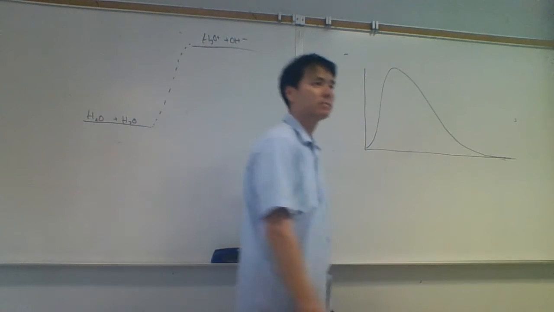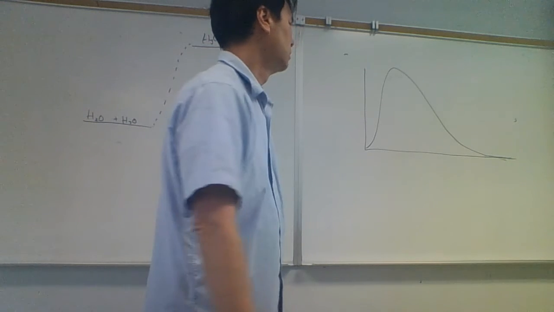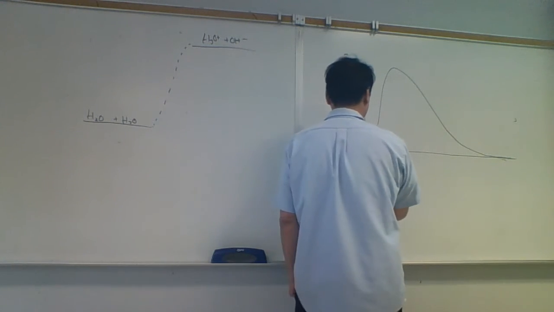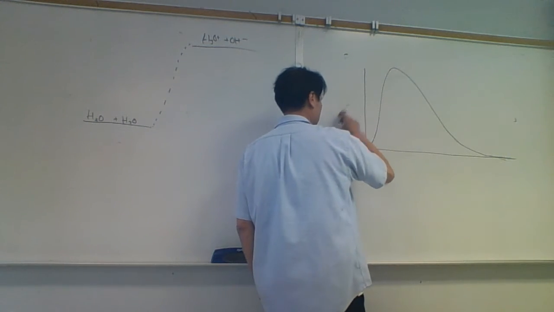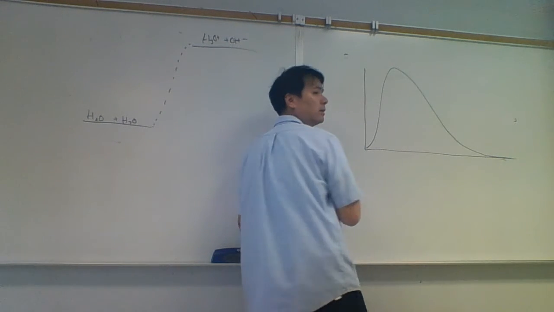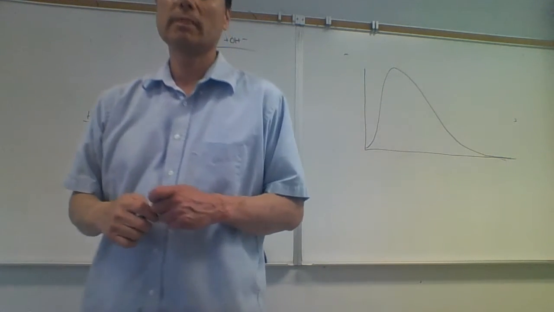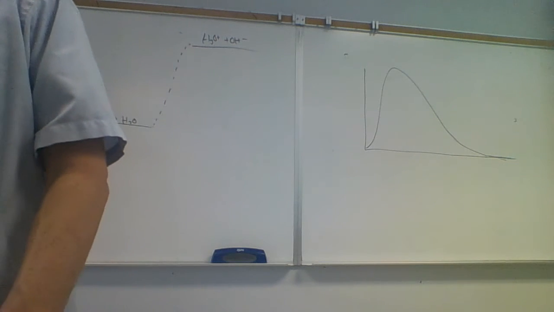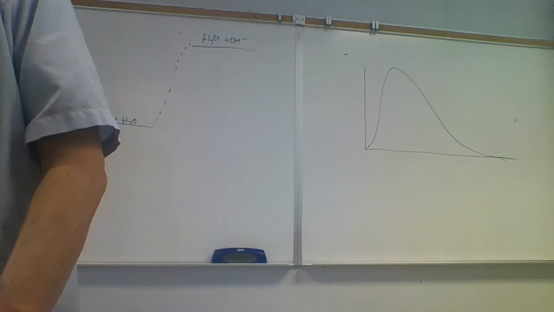You remember seeing something like this? Where we plot, do you know what's plotted here on the y-axis? Curve like this look familiar at all? What's plotted on the y-axis?